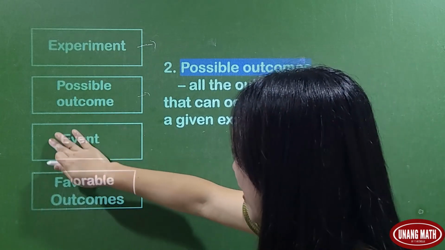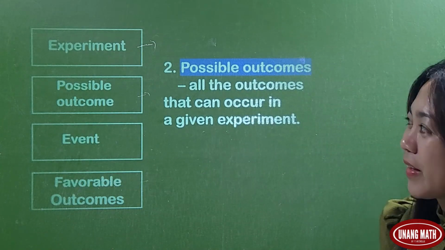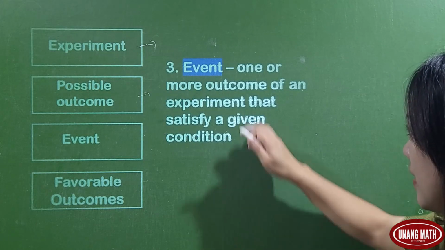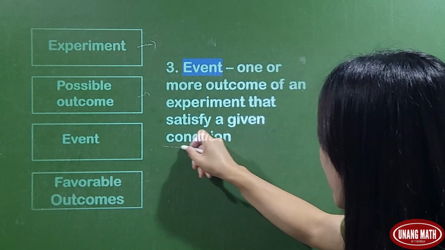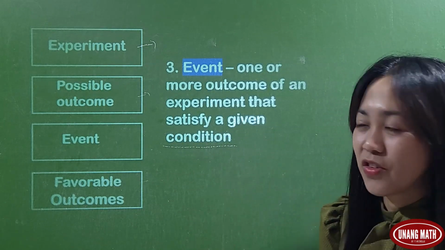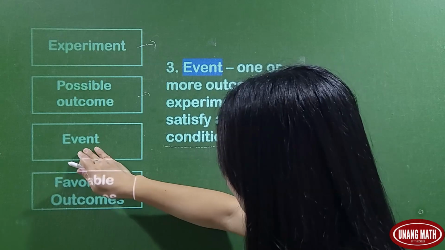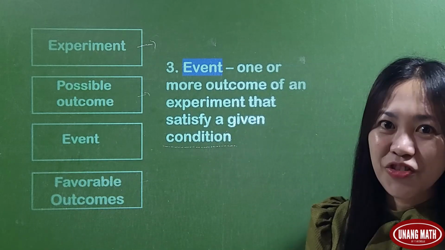Then we have what we call an event. An event is one or more outcomes of an experiment that satisfy a given condition. So I say event as condition also.